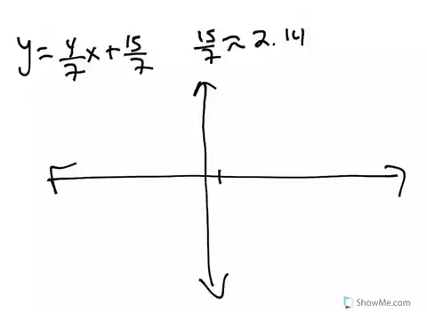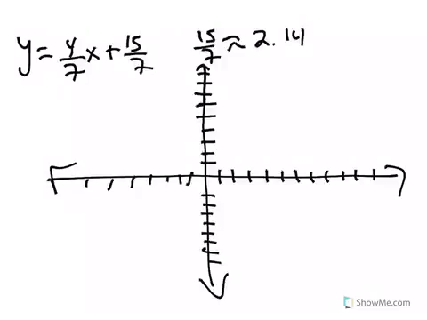And I'm going to have 1, 2, 3, 4, 5, 6, 7, 8, 9, 10, 11. 1, 2, 3, 4, 5, 6, 7. Still running out of space. Can you believe that? Okay. Doesn't have to be perfect. So my y-intercept, 2.14. 1, 2, a little bit of here.